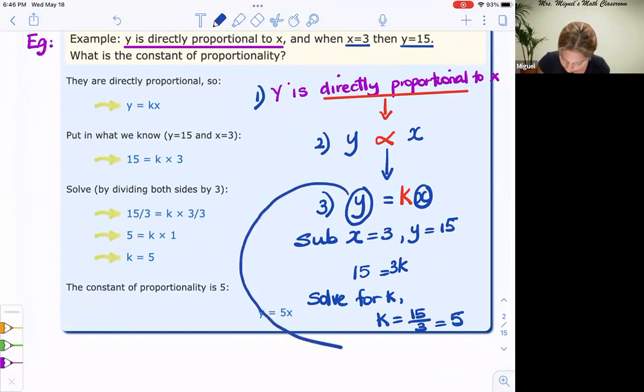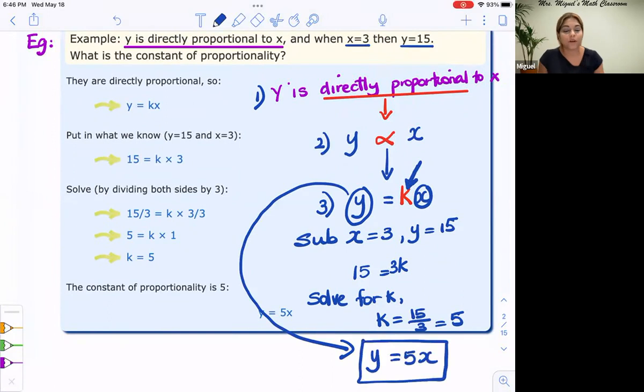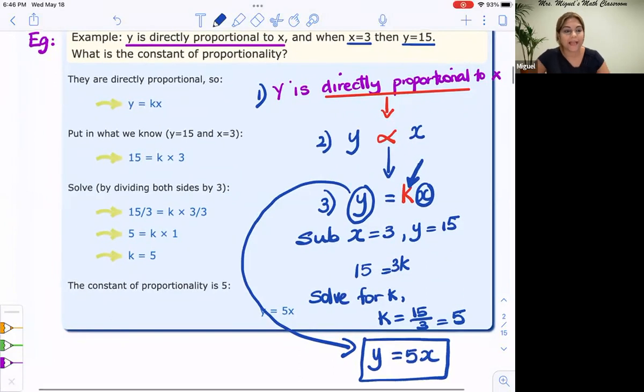So look at this. From here now, Y is equal to, I have a value for K. So this is my equation that can work for any X and any Y. And this is what they are bringing for you.